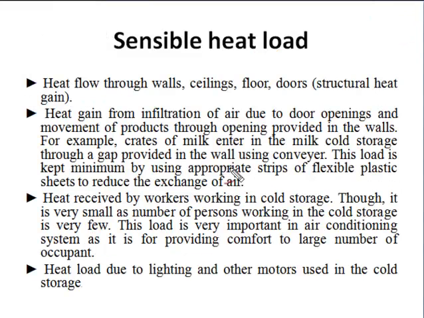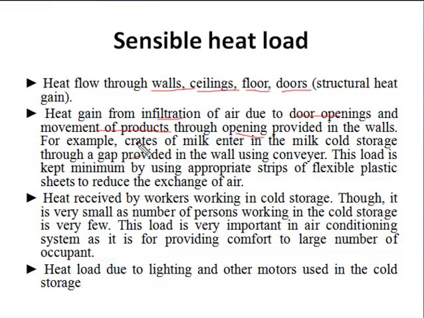First is the sensible heat load. Heat flow through walls, ceilings, floor, doors, and structural heat gains. This is the sensible heat. Heat gain from infiltration of air due to door opening and movement of products through the openings provided in the walls.